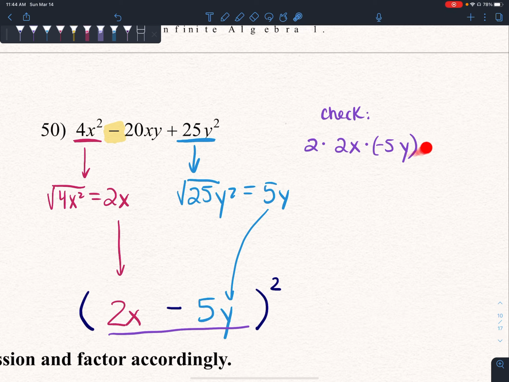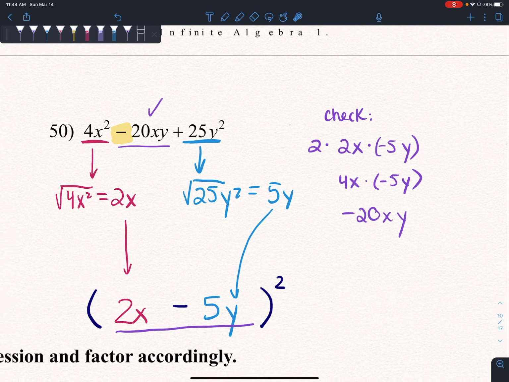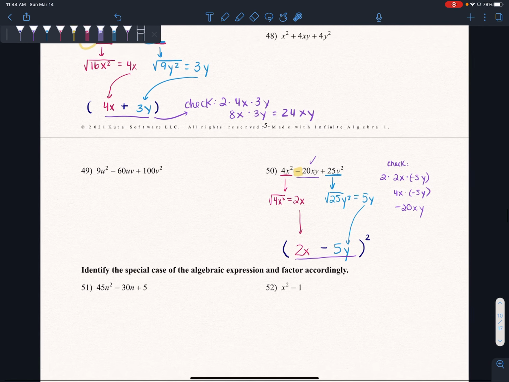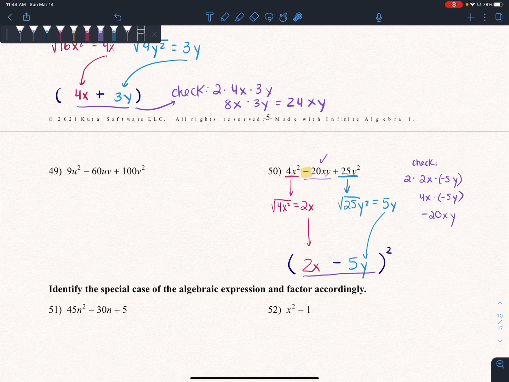So we have 2 of these. We'd get 4x times minus 5y, 20xy. And that is exactly what we have here. So that second term is what's telling you if you're doing a subtraction or an addition within the binomial.